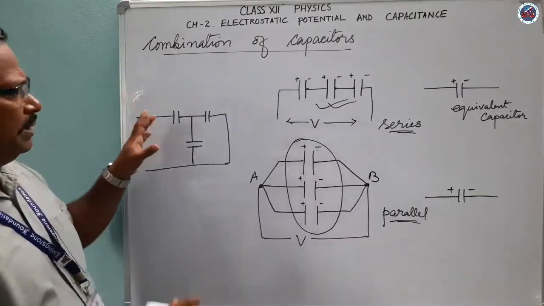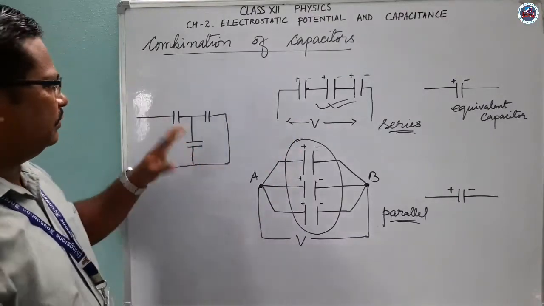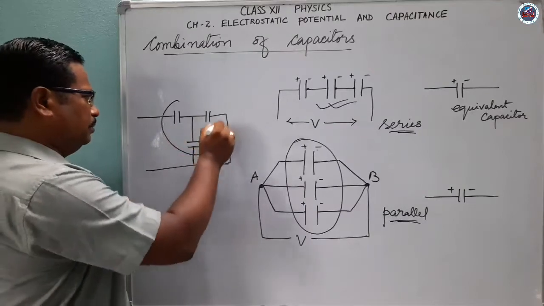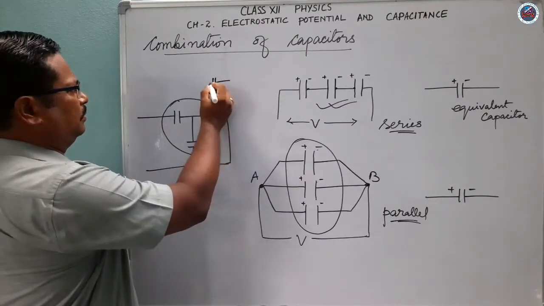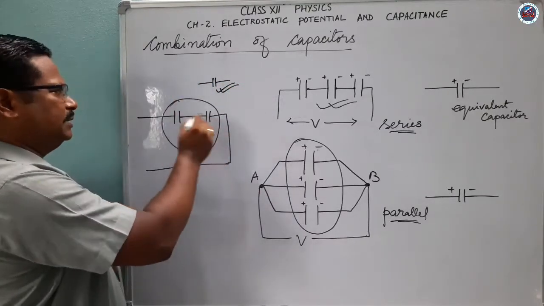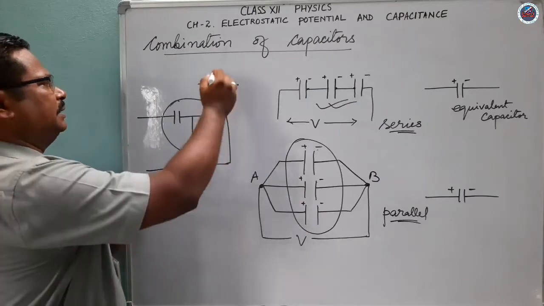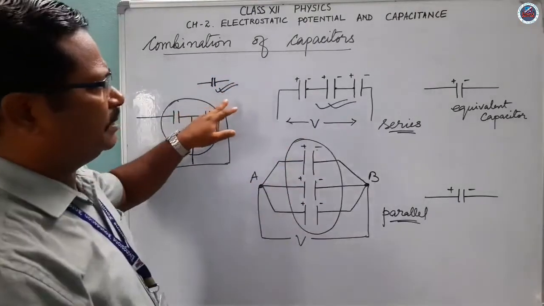So it may be a combination of series as well as parallel together, but whatever the case, if we can convert this grouping into a single one, a single capacitor which functions the same way as these three capacitors together, then this single capacitor will be called an equivalent capacitor.